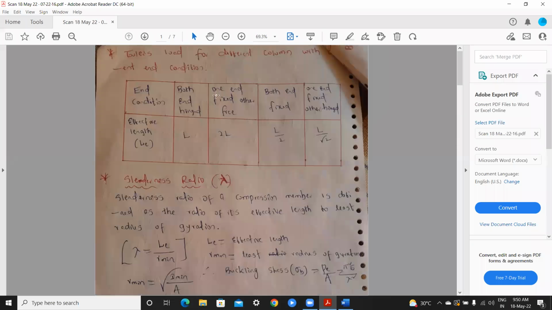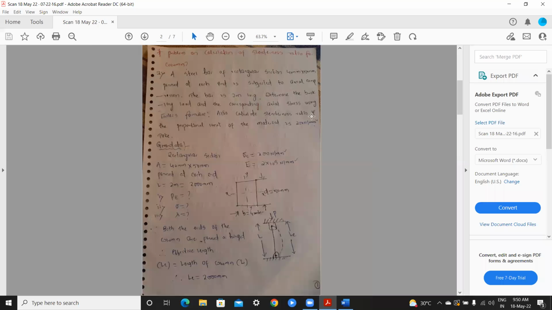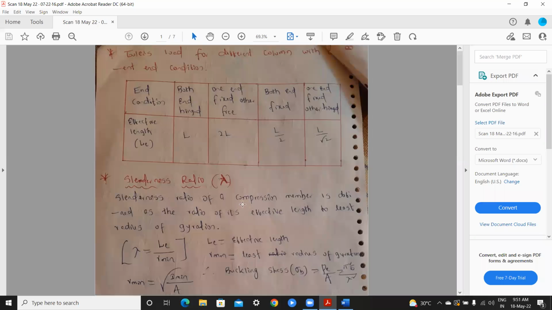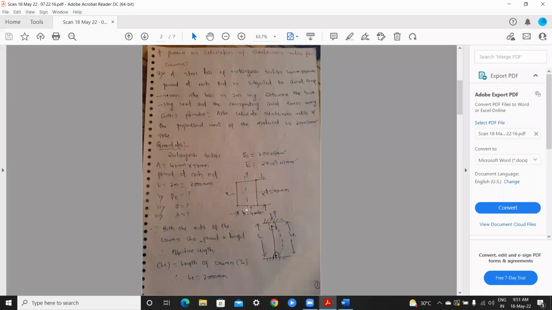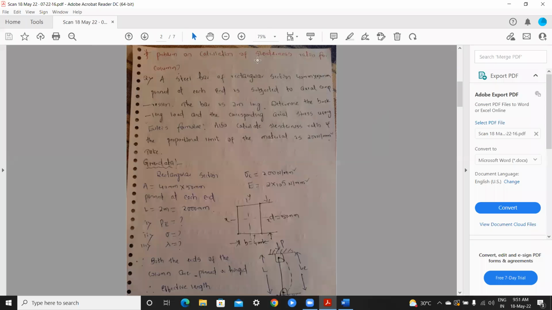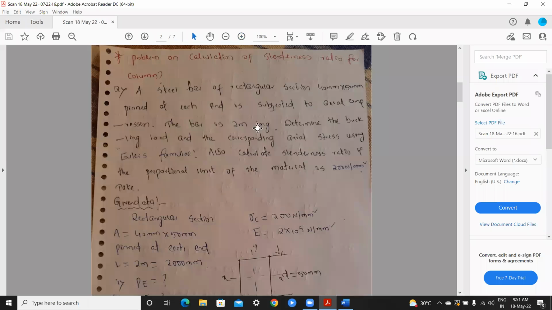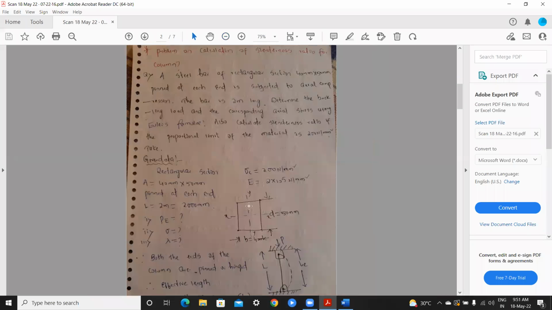Pinned at each end means the effective length formulas will be there for different conditions. It is subjected to axial compression. The breadth is 40 mm and the depth is 50 mm.